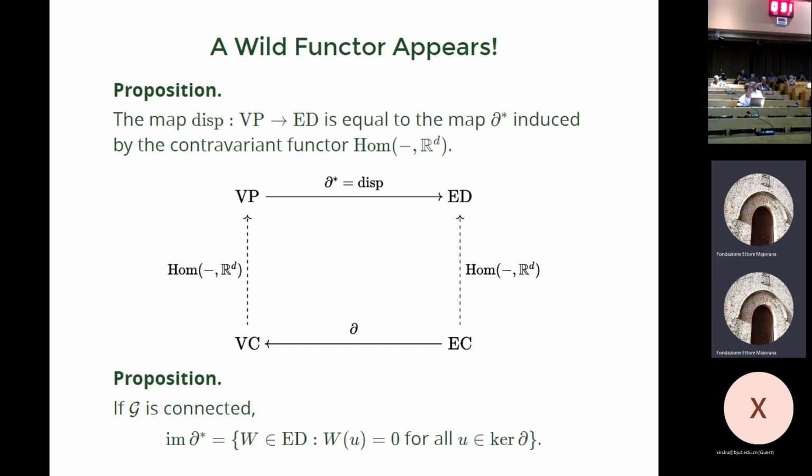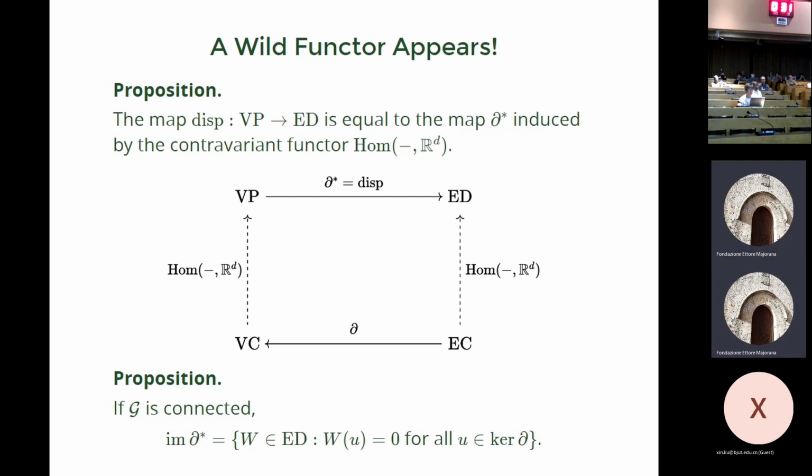Likewise, edge displacements was Hom(EC, R^D). So that's this functor going up. And of course, it's a functor, so it takes morphisms to morphisms, and it's contravariant, so they go in the other direction. And you can prove that this displacement defined on the previous page is exactly the thing that comes from applying this functor to this linear map.